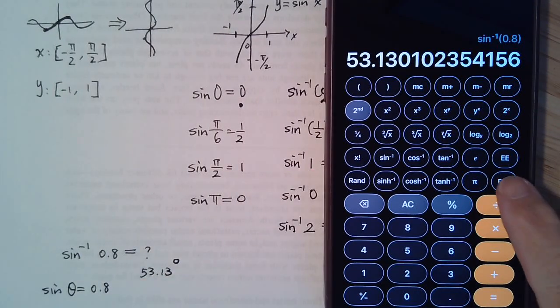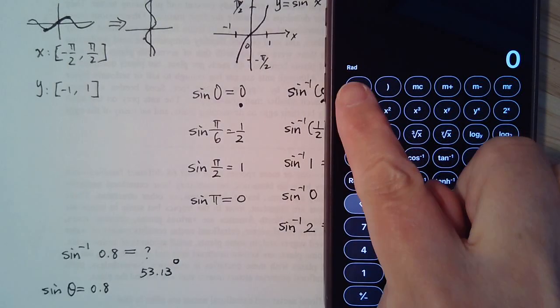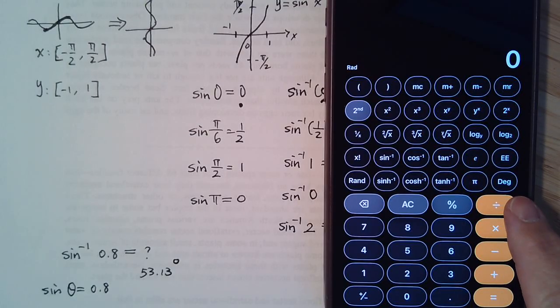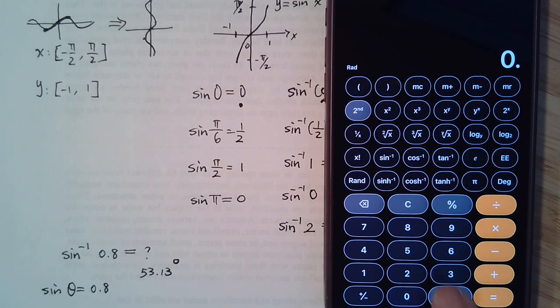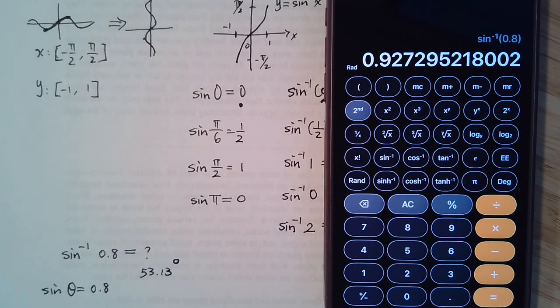You click radian. Hold on, let me just clear everything. You click radian. Did you see RAD here? Which means I am using radians. I'm saving degrees. I'm not using degrees. Whatever shows here means you're not using it. So again, you do 0.8 sine inverse. Ding. You get that.